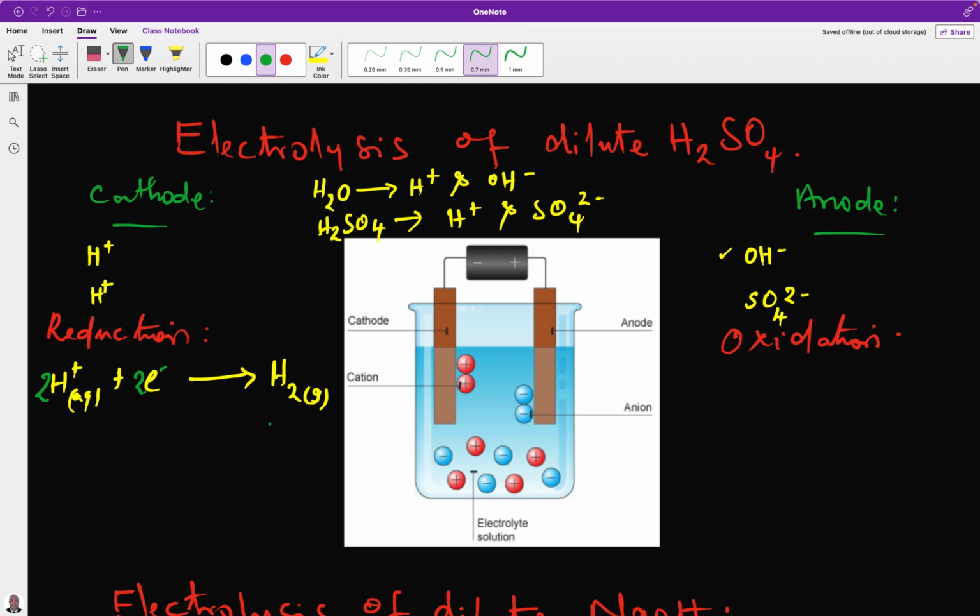Now, on our oxidation half equation, what is happening? Since we took OH, what is OH going to do now? OH is going to undergo oxidation. Oxidation means loss of electron. So the equation is like this.